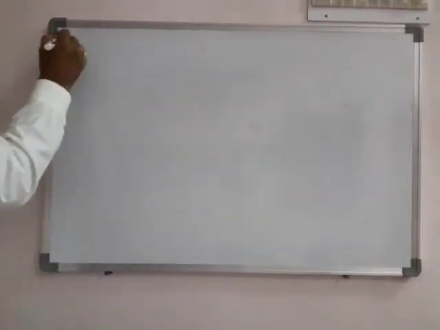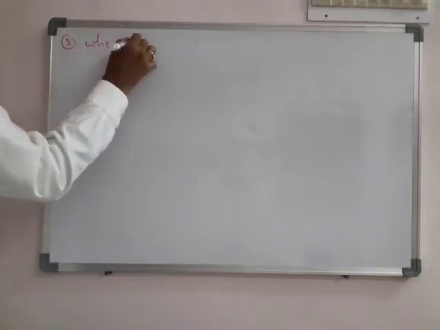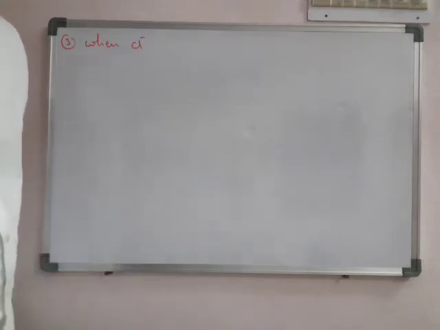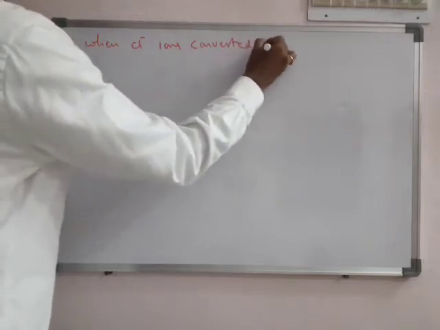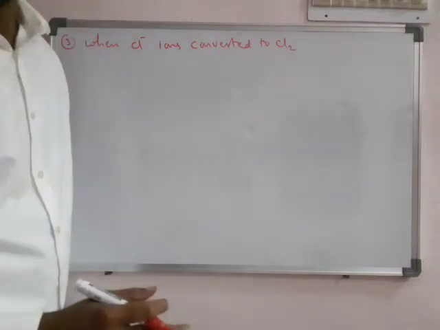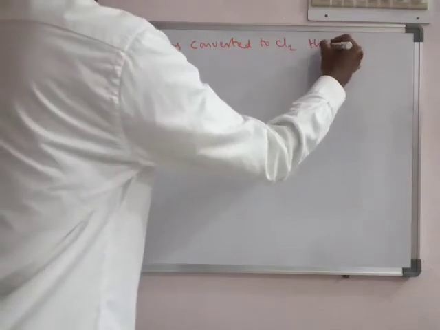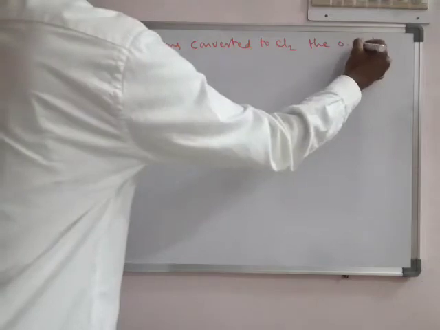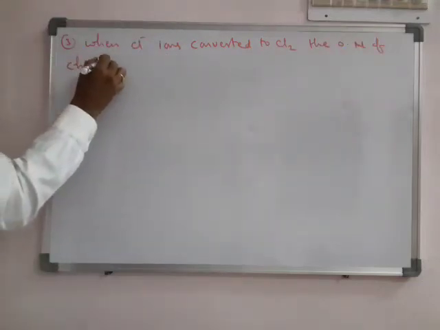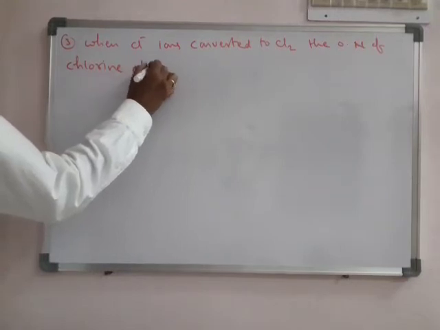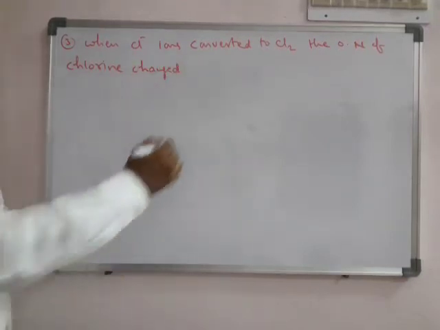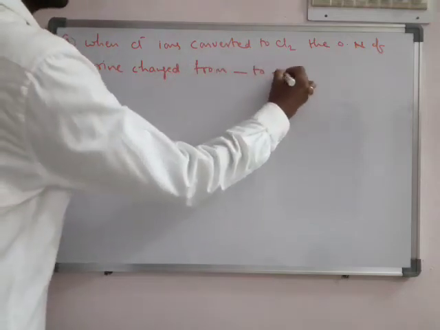Next, Cl minus ions converted to Cl2, the oxidation number of chlorine changed from dash to dash.